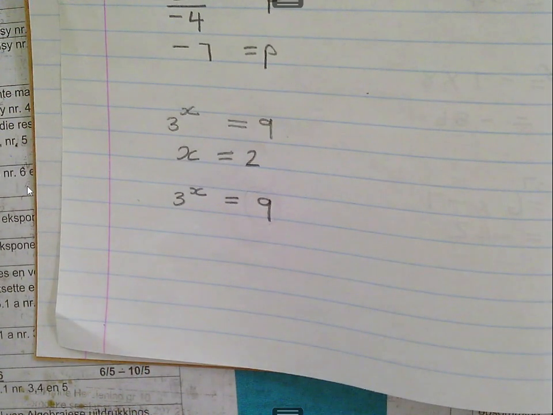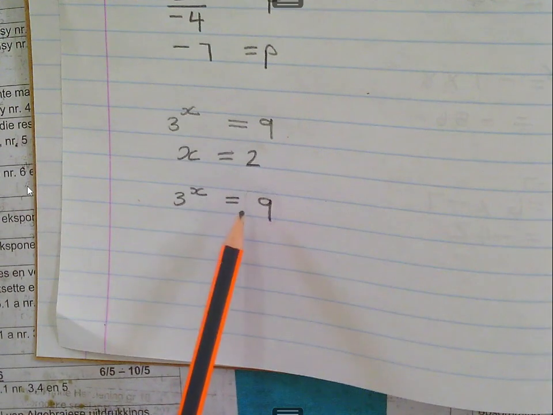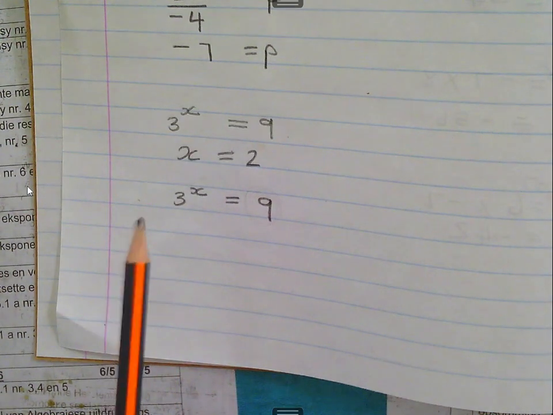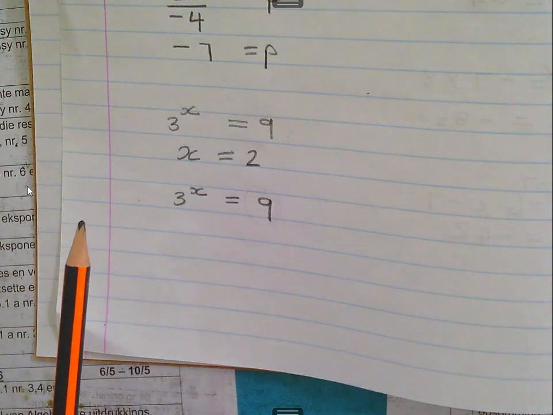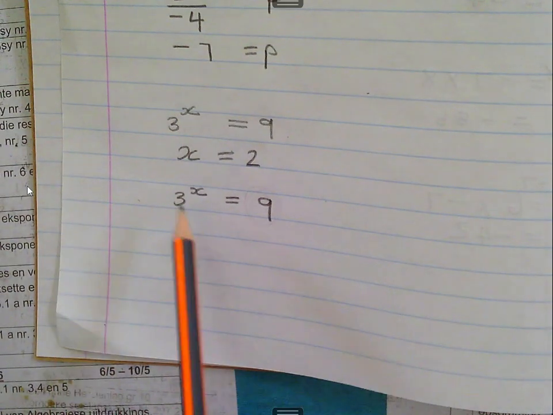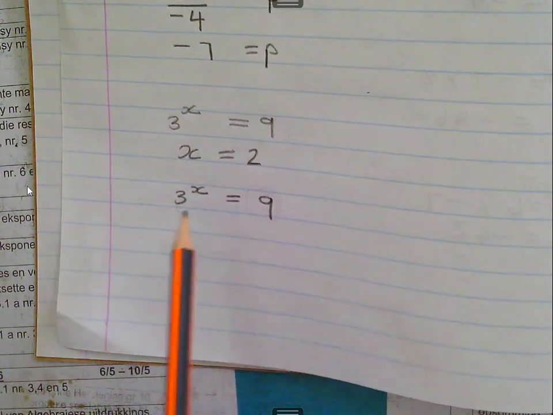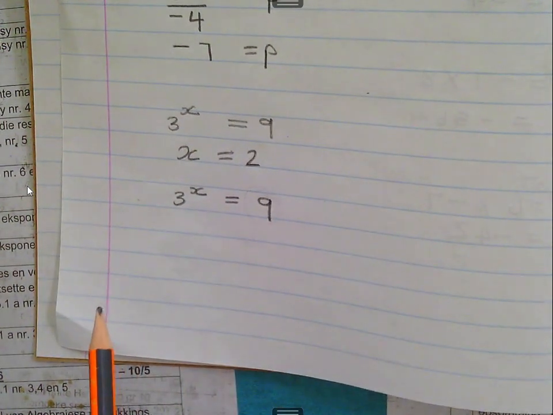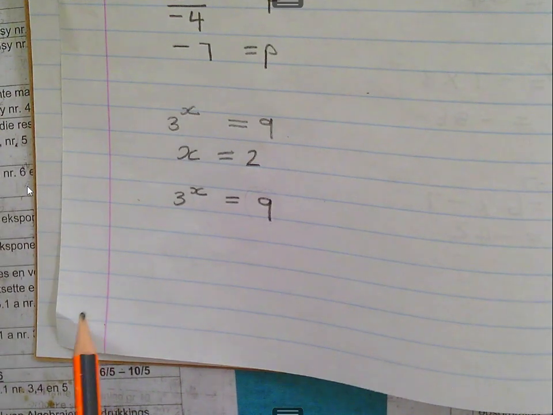And when they are the same, you can throw them away. So I look at 9. I want it to be written exponentially. I just said we want the bases to be the same, so that already gives you a hint of what it has to be. It has to be 3 to the power of something.